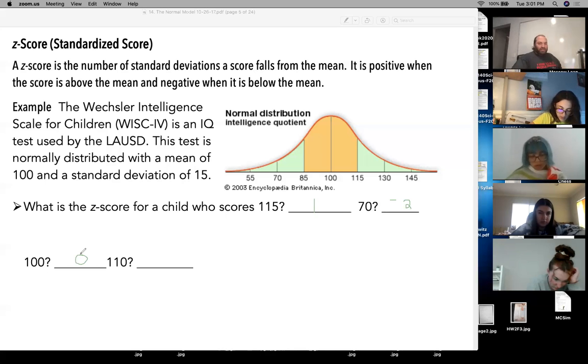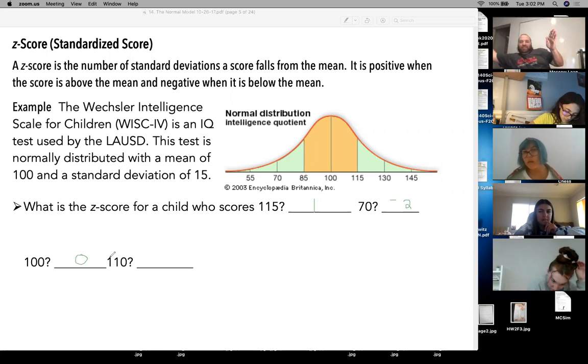What about 110? Not quite 0.75, not quite 0.5. A deviation is 15, right? So you're not 15 deviations above the mean.